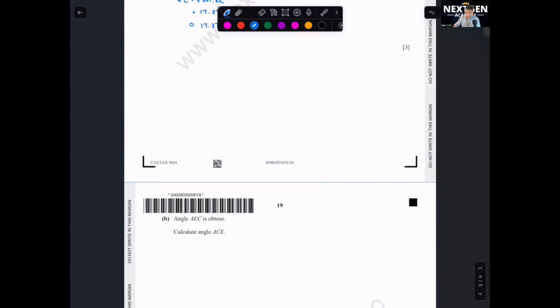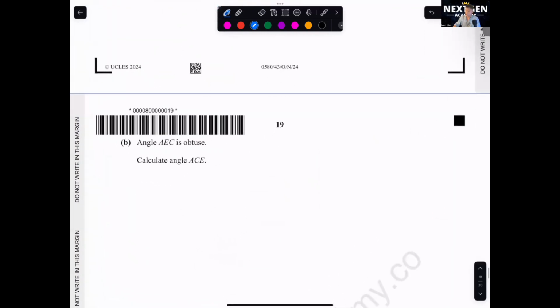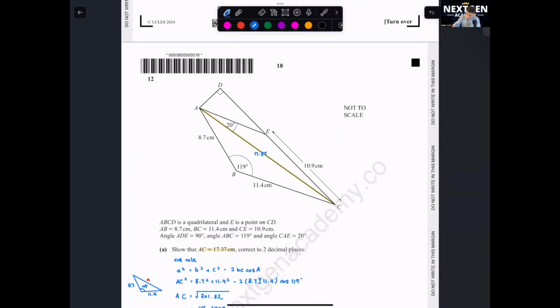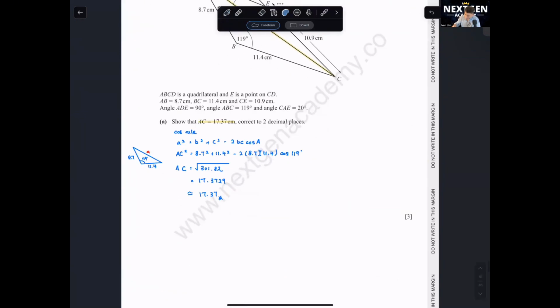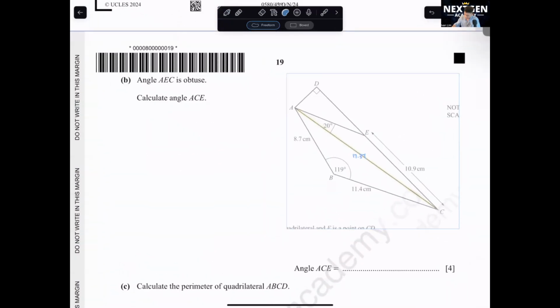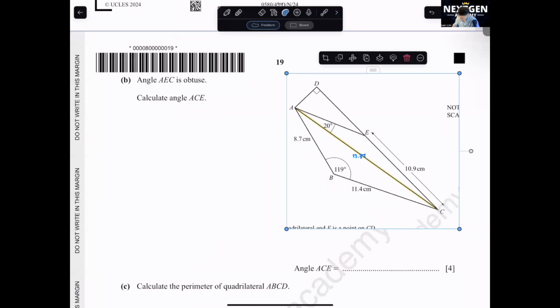Angle AEC is obtuse. Let me see, can we bring this down? Bring down this part here. Copy, paste. Now I can see clearer.